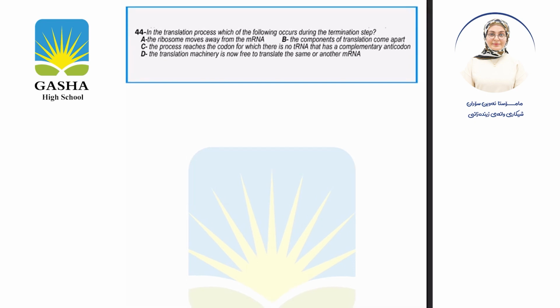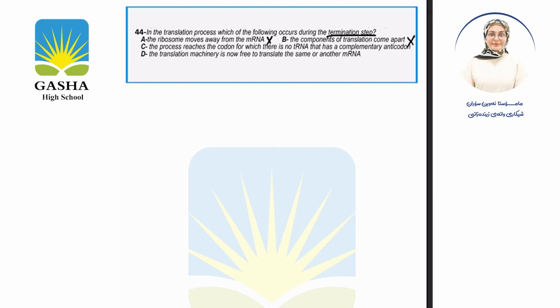Question 44. In the translation process, which of the following occurs during the termination step? So in a termination step, what happens? A, the ribosome moves away from the mRNA directly. The ribosome is not moving away directly. Before that, there is another step. B, the components of translation come apart. No, it's not. This is the end of termination, not the first step of termination. So this is false and A is false.